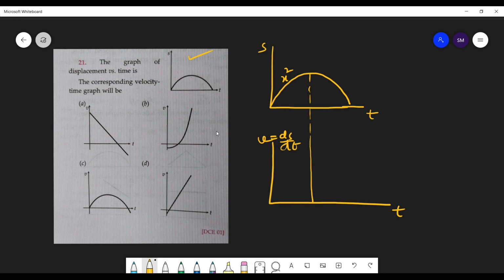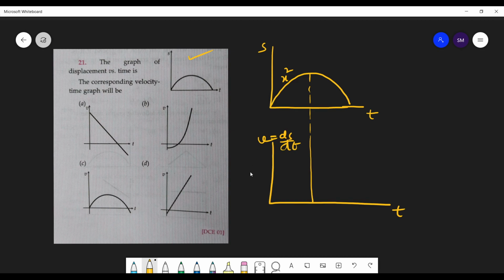What do you think? Option A, sir. Which one is the correct? See, don't jump to the answers instantly.